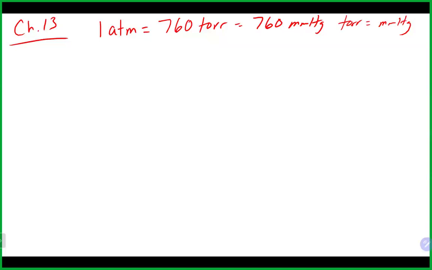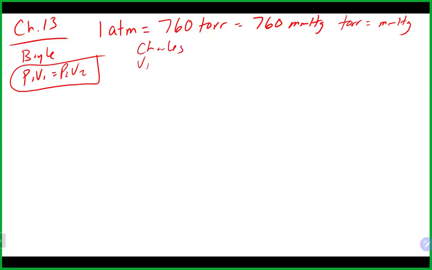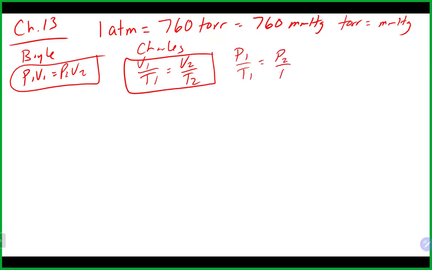We talked about some different gas laws. We talked about Boyle's law, which was P1 V1 equals P2 V2. We talked about Charles' law, which is V1 over T1 equals V2 over T2. We also saw Gay-Lussac's law, which is similar, P1 over T1 equals P2 over T2.